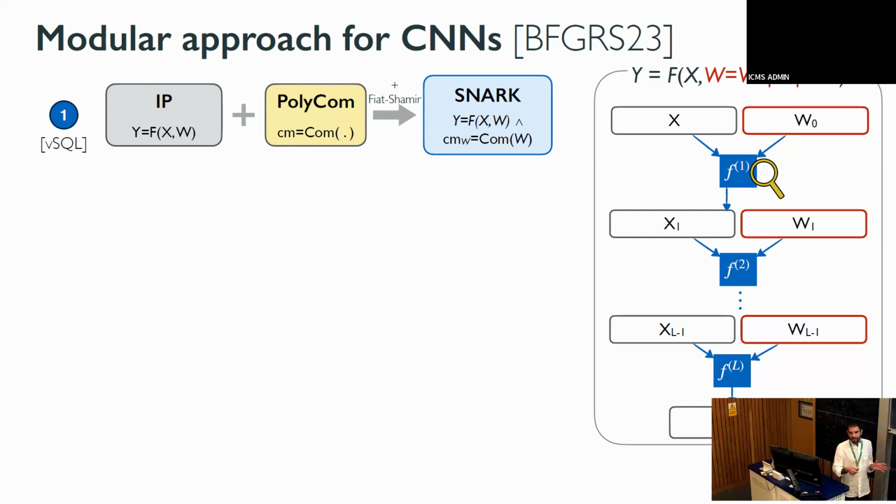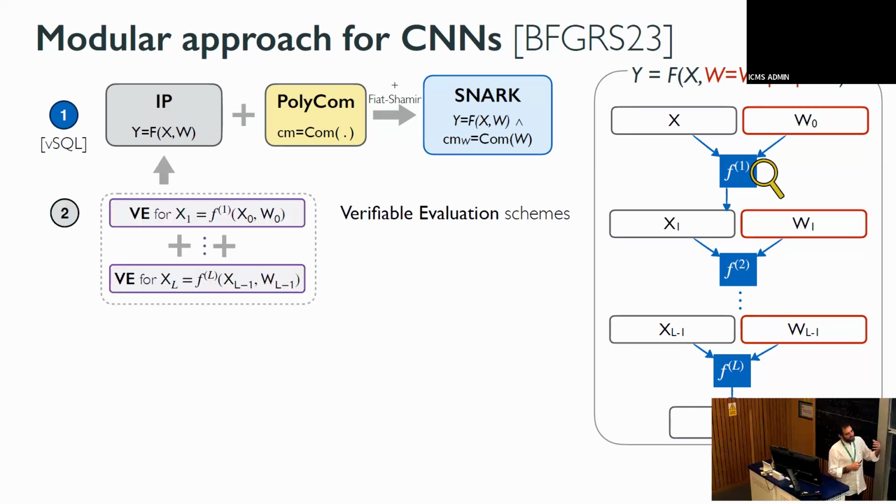So there is a compiler that takes care of this, and then you get a succinct interactive argument, then you can use Fiat-Shamir to make it non-interactive. And I'll give an idea of how this works. So this was first formalized in a paper called VSQL.